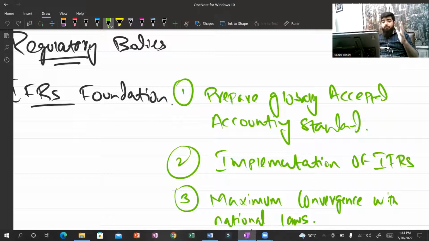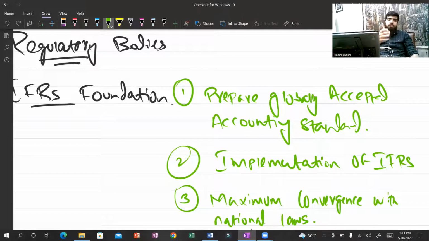So the objective of IFRS Foundation was that accounting standards must have a maximum convergence, maximum linking with the national laws of all countries, and that's not so easy. It's not an easy task. Don't think it's an easy task. You cannot always have your thought in compliance with your partner.